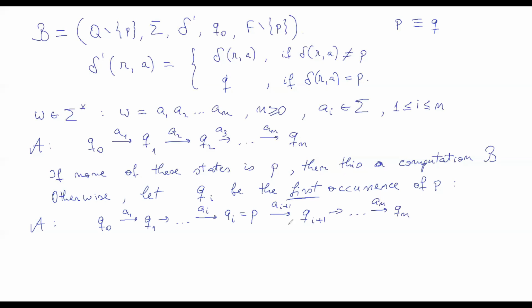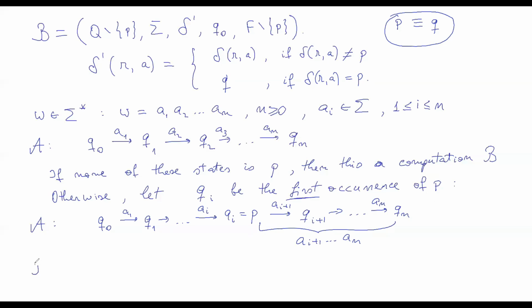So in this computation, from state P to the end, I go with the word A(i+1) all the way to AN. And remember now that the states P and Q, they are equivalent. So that means that the computation from P will have the same outcome as the computation from Q on the same input word, meaning that it's accepting in the same conditions and it's rejecting in the same conditions.